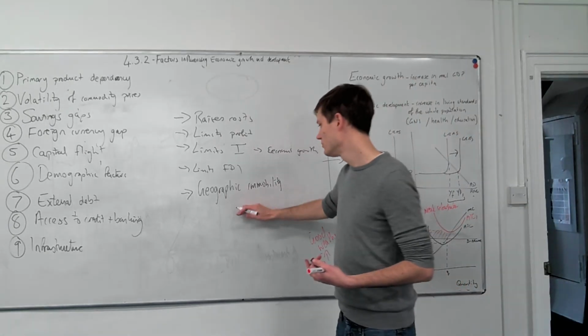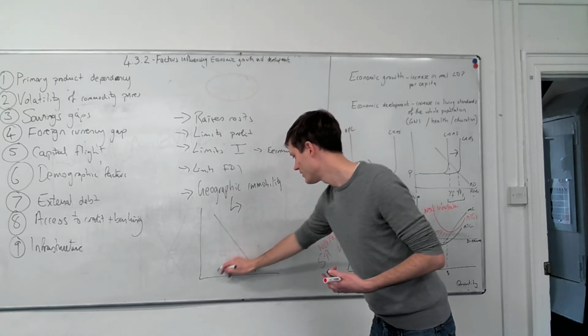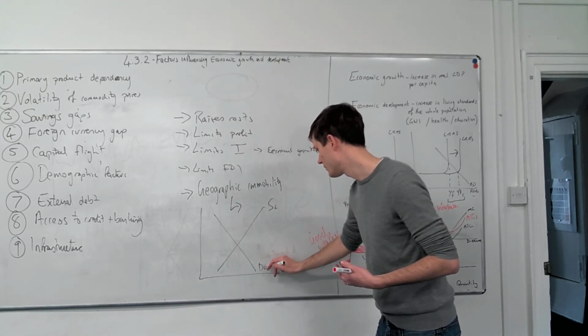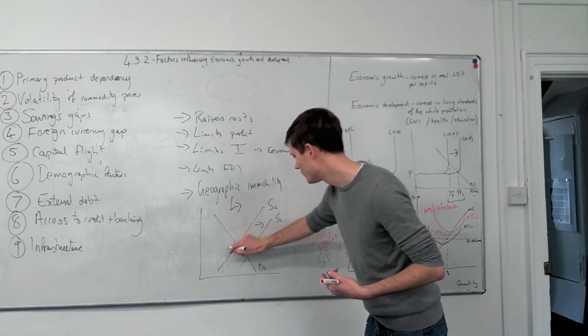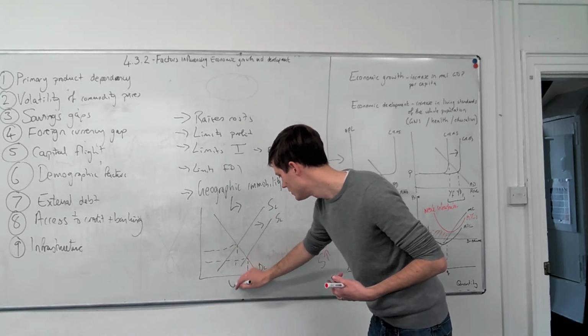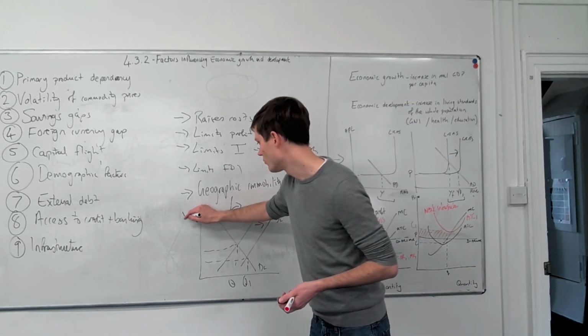That's all an issue. And a nice diagram that you could draw is the supply of labour and the demand for labour. As you increase the provision of infrastructure, the supply of labour is going to increase in the cities. This is the wage rates.